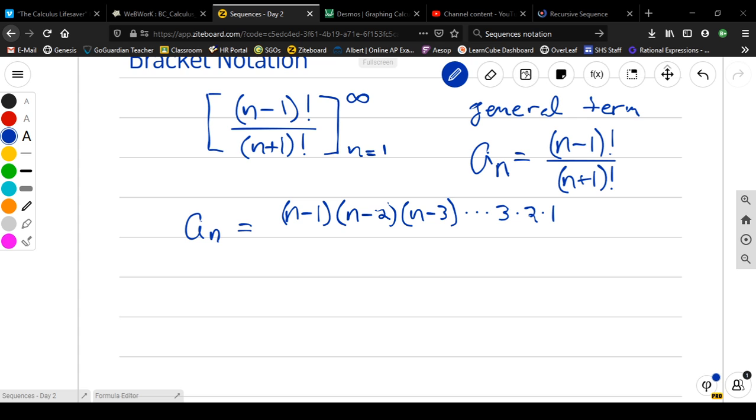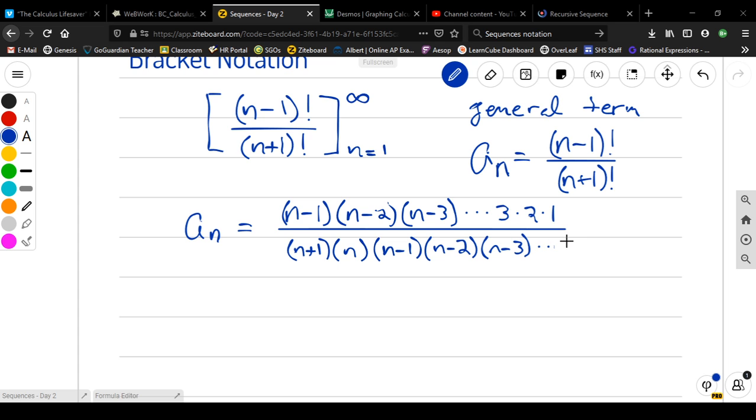If you remember, 7 factorial is 7 times 6 times 5 times 4 times 3 times 2 times 1, and so on. And then the denominator here is n plus 1 times n times n minus 1 times n minus 2 times n minus 3, all the way down again to 3 times 2 times 1.